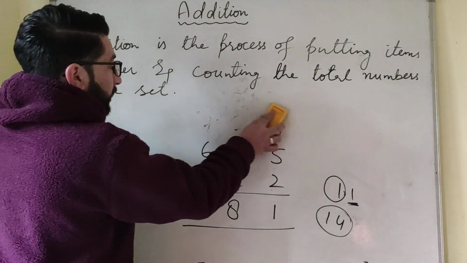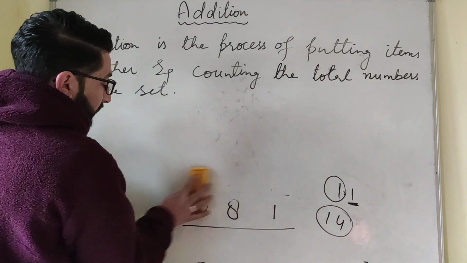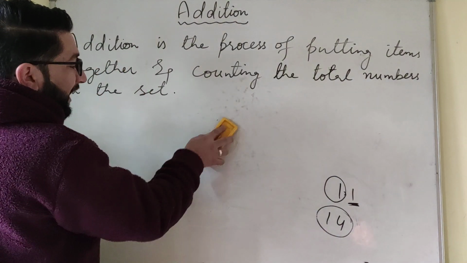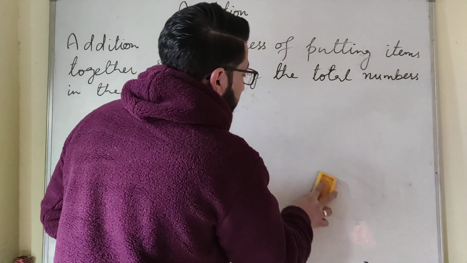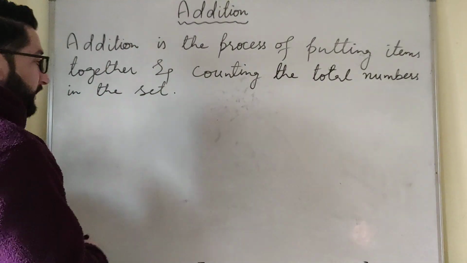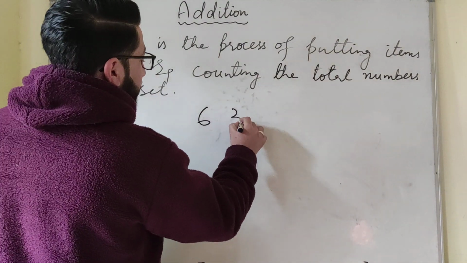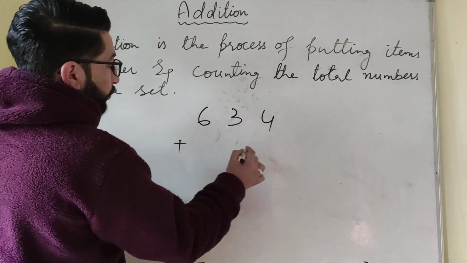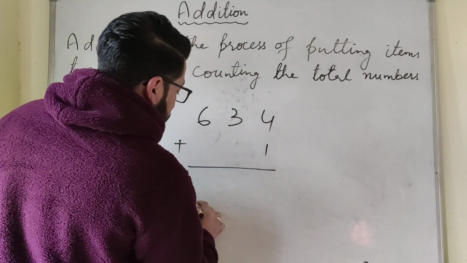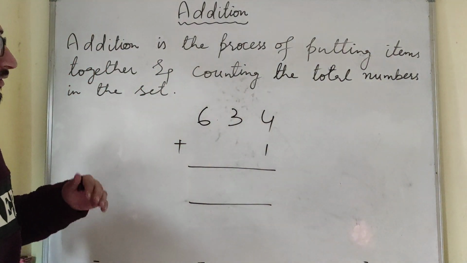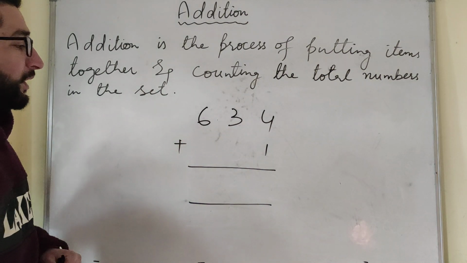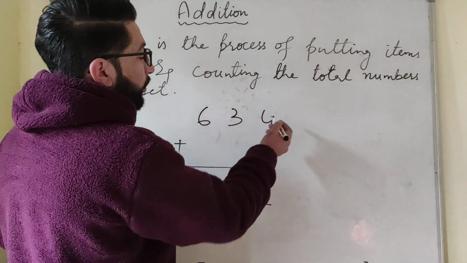Now I will give you a number and we will add 1 to it. What happens when we add 1 to a number? Suppose our number is 634 and we have to add 1 to it. So whenever we add 1 to any given number, it becomes the successor of the given number.